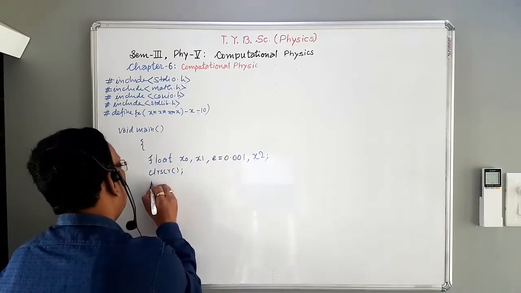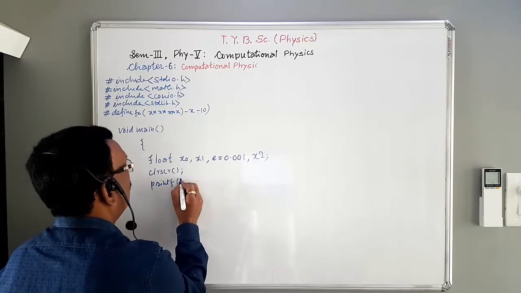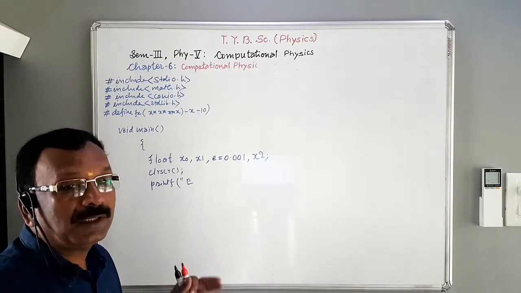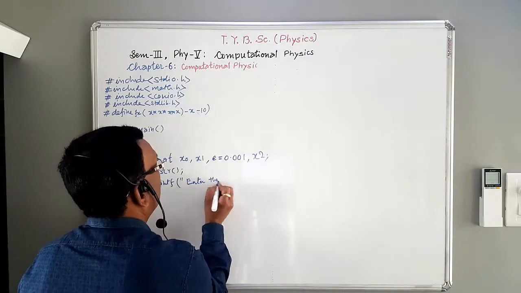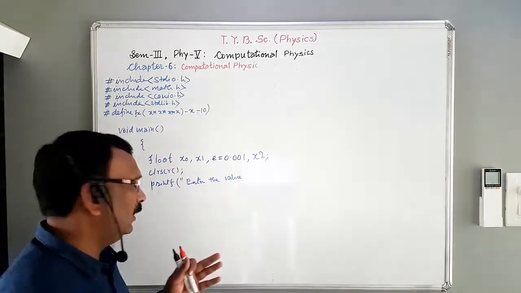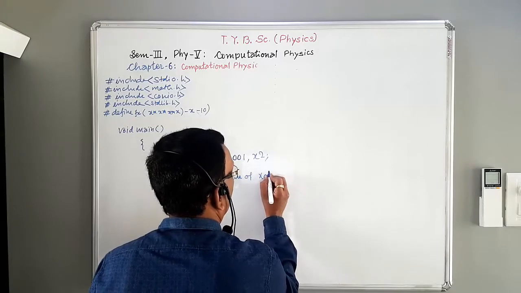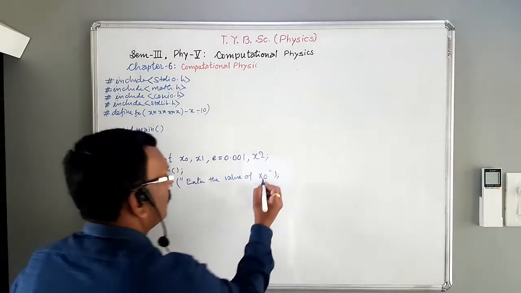Then we have to provide the first value to the computer through the keyboard. For that purpose, we can use the input output function printf, enter the value, and this value may be of x0, x0 is equal to.